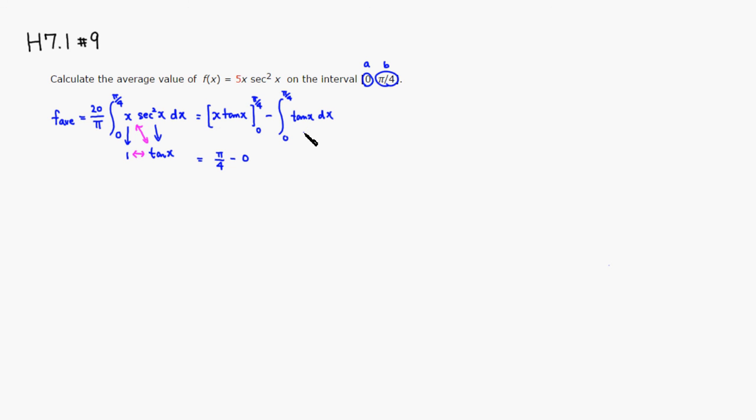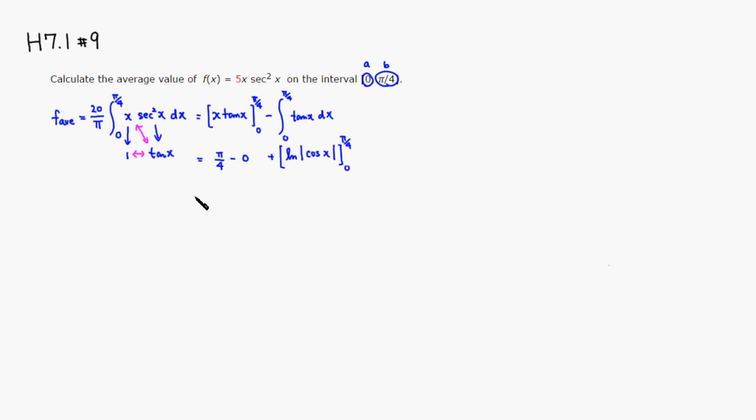The derivative of cosine is negative, so we have a negative sign there, so it's going to be plus the natural log of the absolute value of cosine of x. You can do a natural log of secant of x without the negative sign, but I like this one better. So then I'm going to go from 0 to pi over 4.